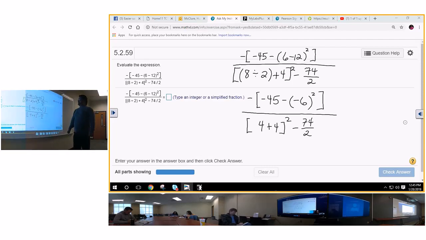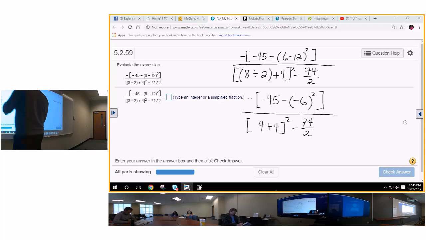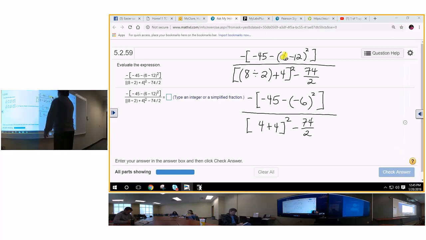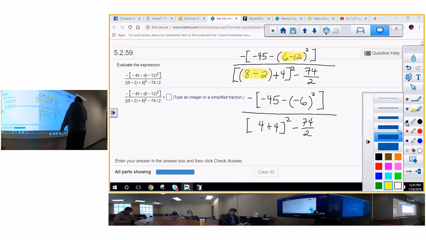Okay, next, we're going to do parentheses. I'm going to do this first and this first because it's in parentheses. And now we're going to do the exponents.